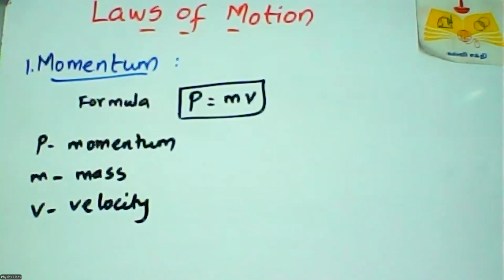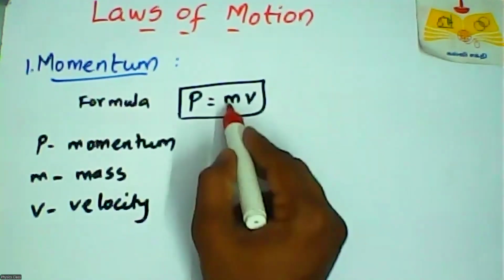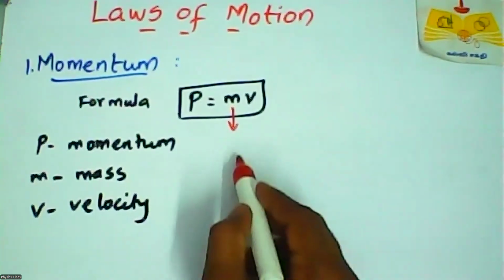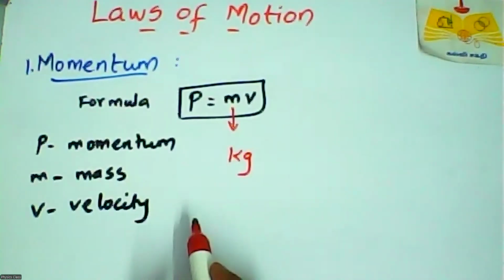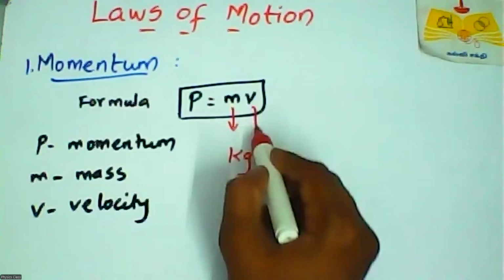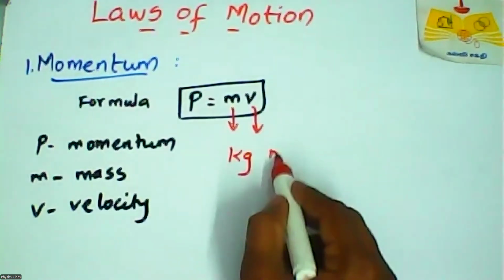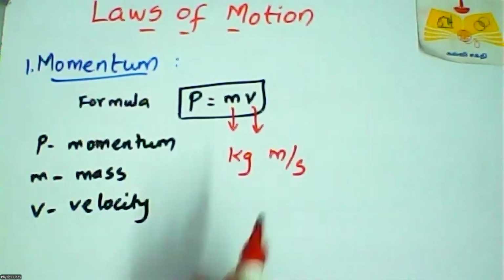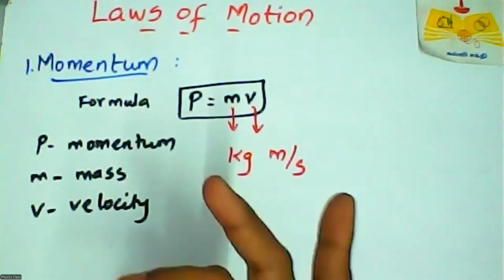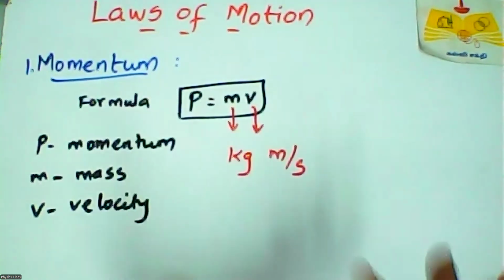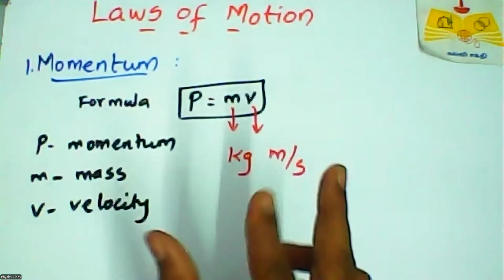Next, the unit for momentum. You can check that unit with your own understanding. Mass unit is kilogram, kg. Velocity unit is meter per second. Some object travels some centimeters or meters per second, so it has velocity.